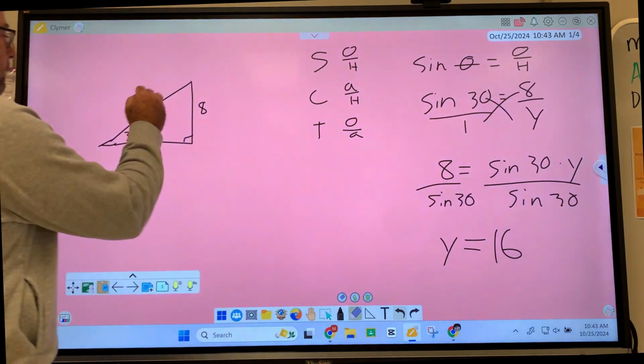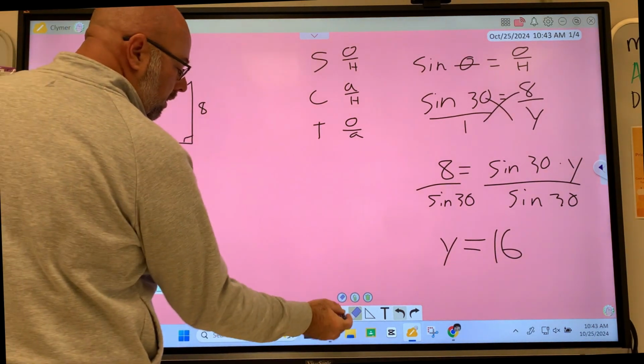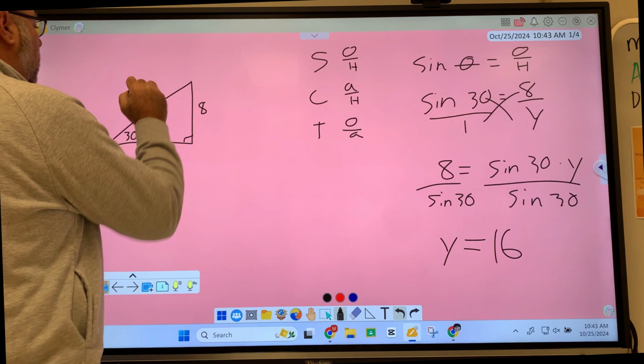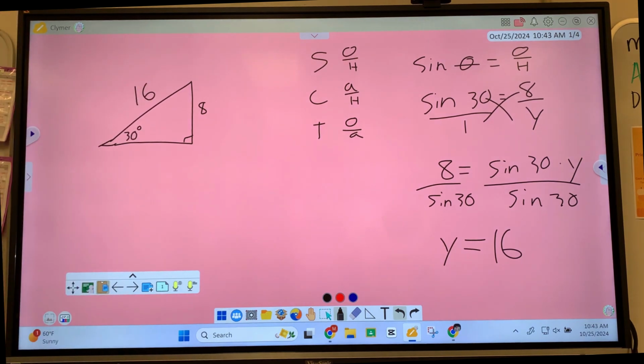This is just algebra once you apply whatever trig function you need. The rest of it is just solving it with algebra. Make sure you're figuring out how to do this in your calculator. There is a worksheet I want to hand out that has a bunch of these to practice.